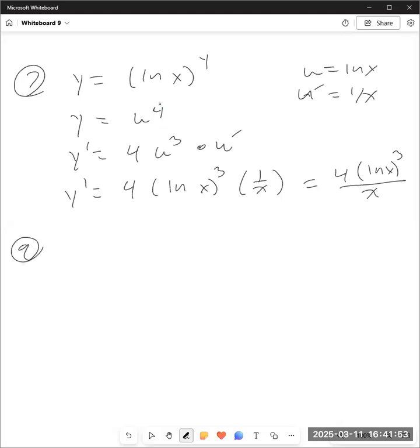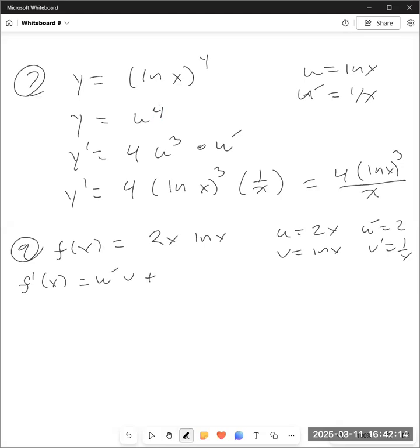Number 9 says f of x is equal to 2x times ln of x. So my u will be 2x and my v will be ln of x, making my u prime 2 and my v prime 1 over x. So f prime of x is going to be u prime v plus v prime u.